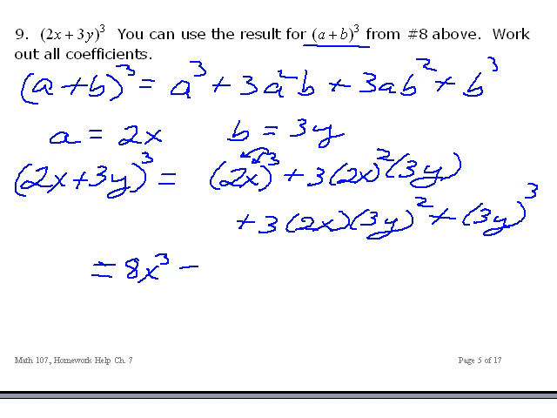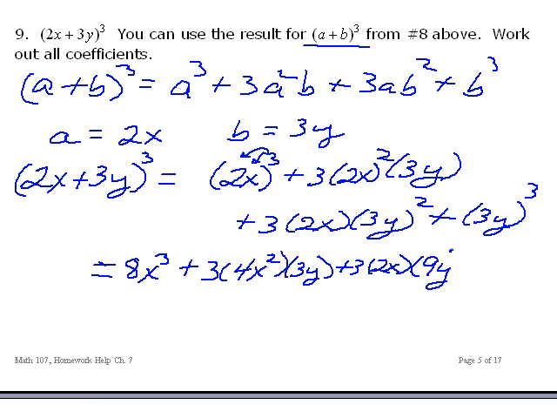For the next, I'm going to have 3 times, now 2x times 2x is 4x squared, and then the 3y. For the next term, the 2x is like that, but I have 3y squared. That means the 3 and the y both get squared, and there's your 9y squared. The last term is 3 cubed, which is 27, times y cubed.